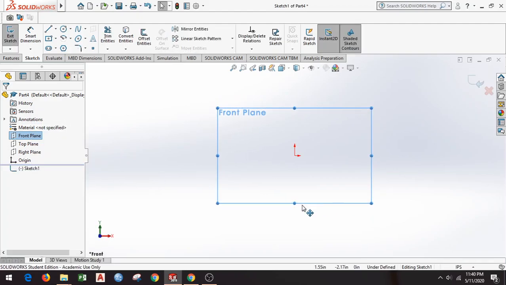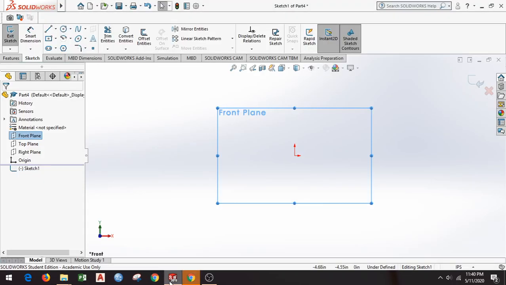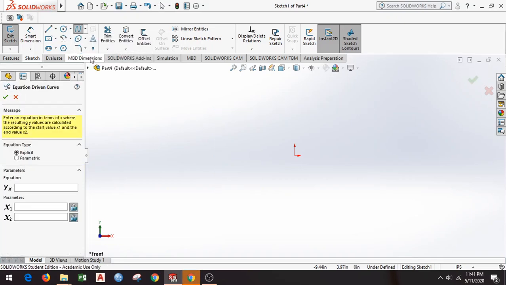Okay, now we need to put this equation in SolidWorks to draw this curve. I'm in the sketch mode and I'm looking at various commands. I need equation driven curve, which is under spline menu. If you open spline menu, the third option, equation driven curve, is what you need. So let's click on that.